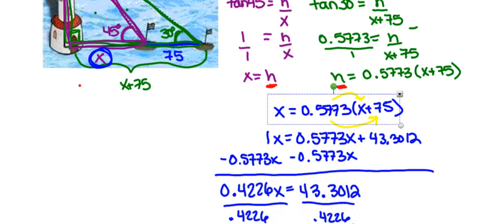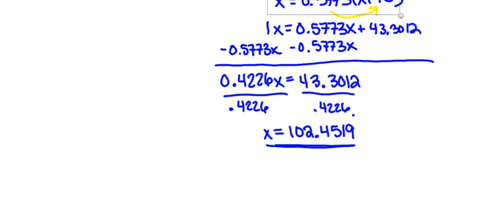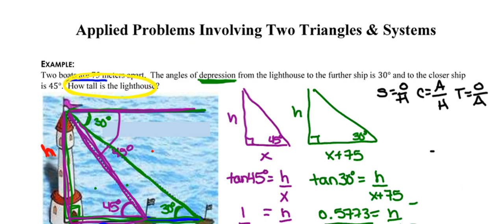If I go back there to my system of equations, though, I find that the height of the lighthouse, h, is equal to the value of x. So at this point, I know that x is equal to that number, but so too is h, the height of the lighthouse.